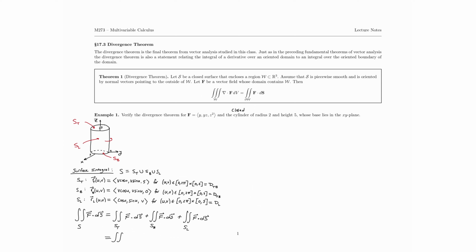So then, this will be the double integral over D_TB of our vector field F, but with appropriate replacement by these components.